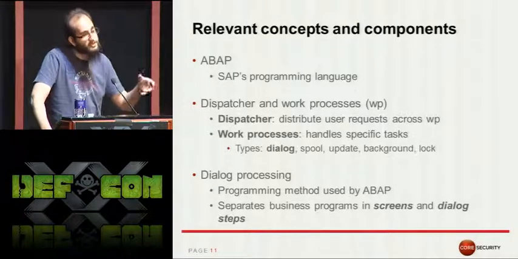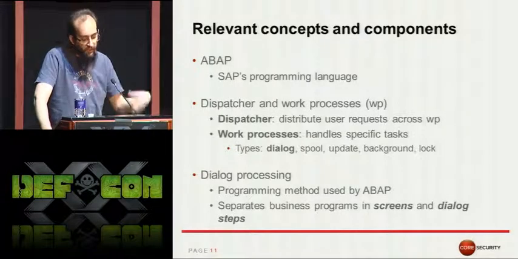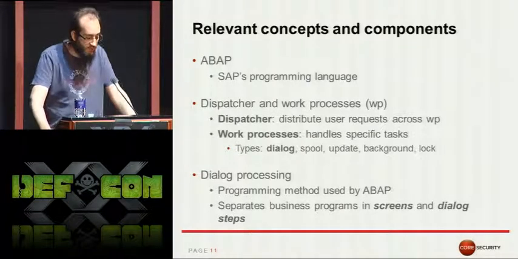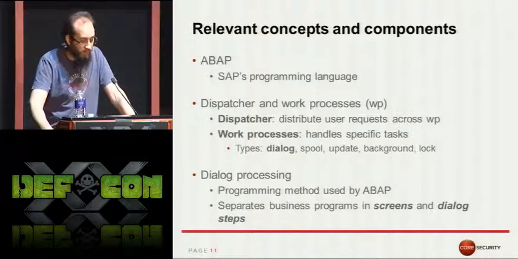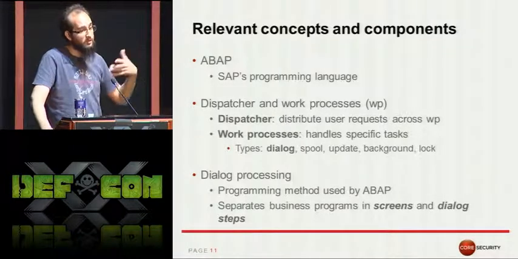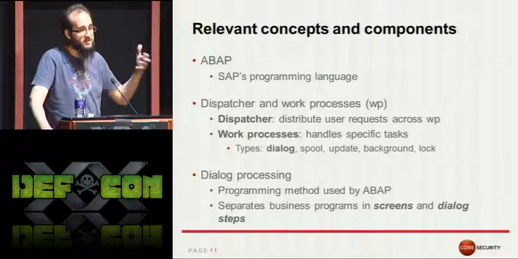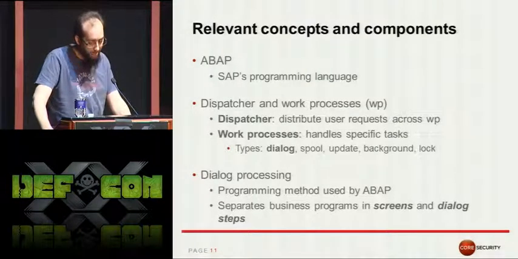Each work process handles and runs different tasks. There are 5 different work processes. We will be mostly focusing on dialog work processes, which are the operating system processes that parse all the requests coming from the Diag protocol.